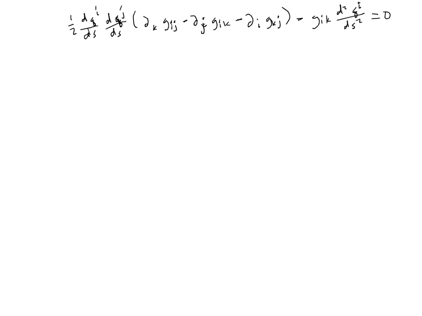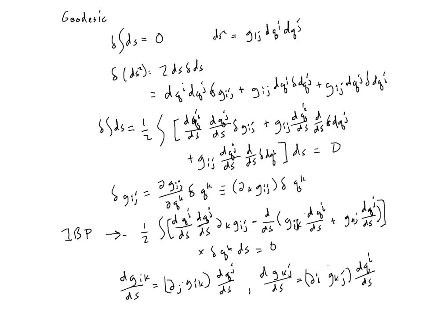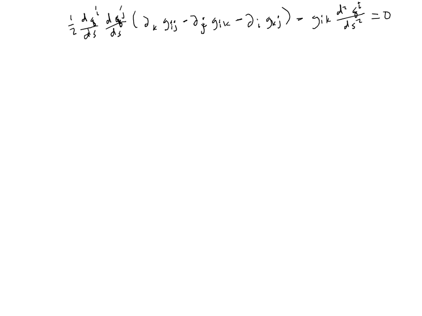And so this just comes from all the stuff that was inside of that integral. And the idea being that if the stuff inside the integral is equal to 0, then the integral is equal to 0. Because we don't necessarily know that the delta q is going to be 0. We actually expect it won't be.